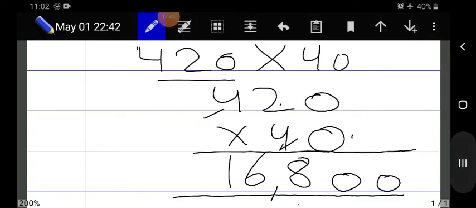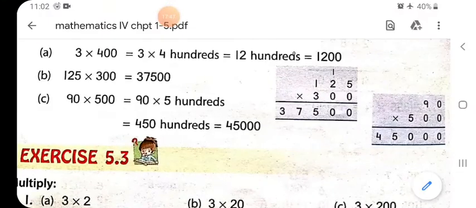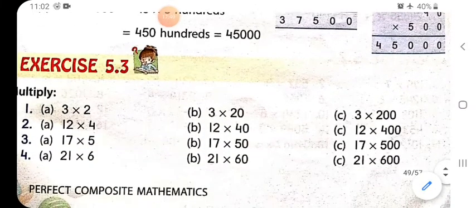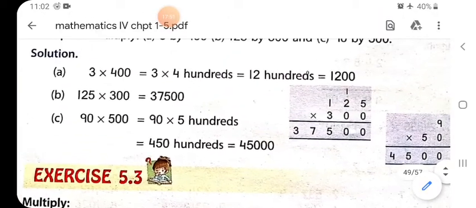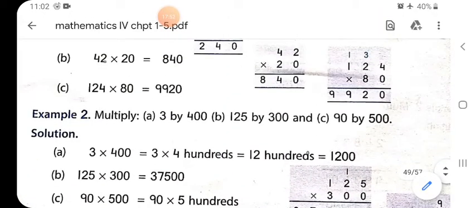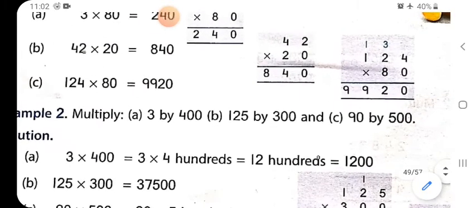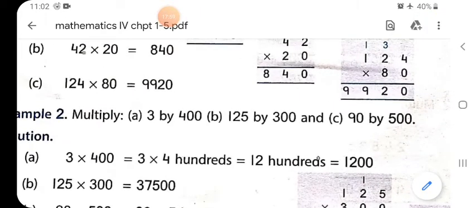So let's just start with the book. In this exercise, let's do a few more examples. I'll take example number 2, part B. You have to multiply 125 by 300.